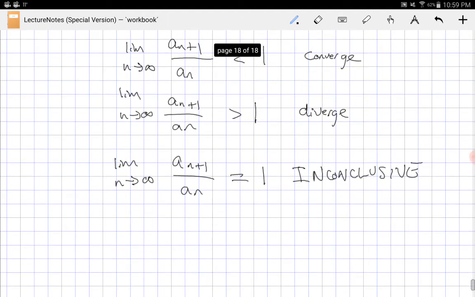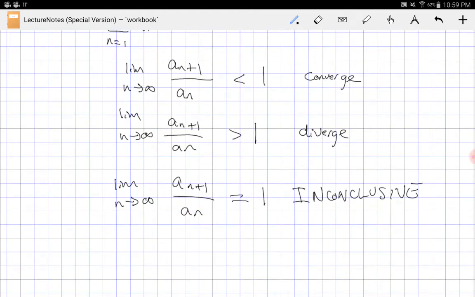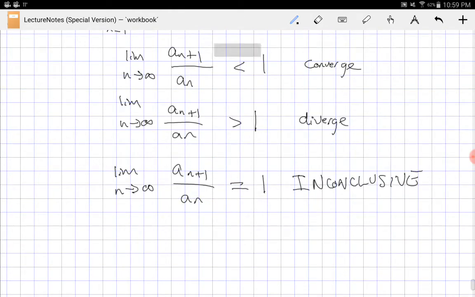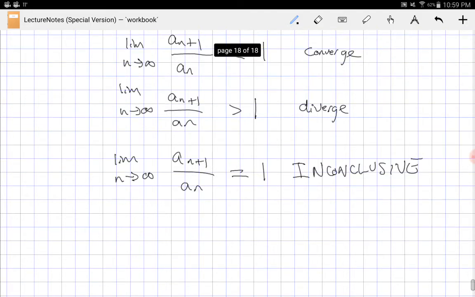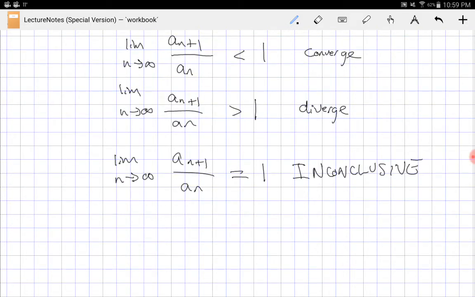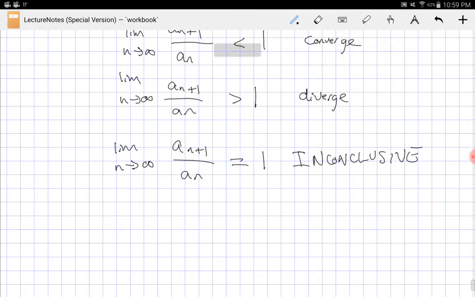And really, we know that this test is inconclusive because of p-series. When p is equal to 1 versus when p is equal to 2. For example, when p is equal to 1, we have the sum of 1 over n. When p is equal to 2, we have the sum of 1 over n squared.